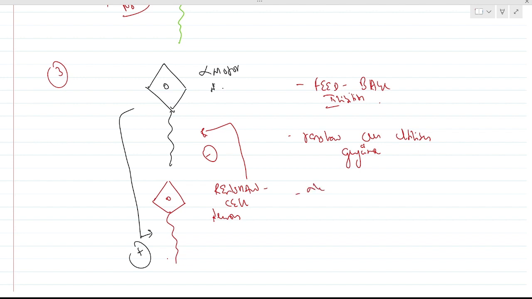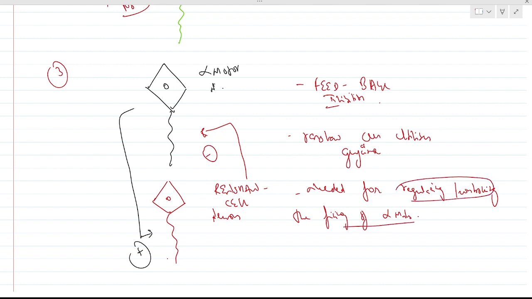This feedback inhibition is needed for regulating or controlling the firing of alpha motor neurons. The Renshaw cell inhibition is needed, which utilizes glycine. Remember glycine, to regulate or control the firing of alpha motor neuron. The Renshaw cell neuron inhibition of alpha motor neuron.